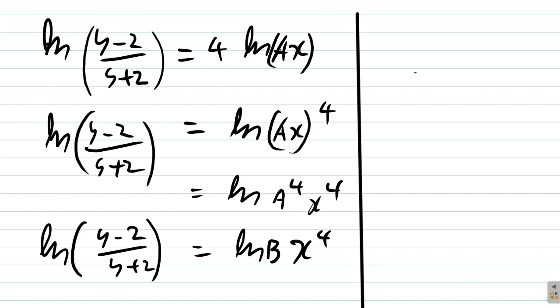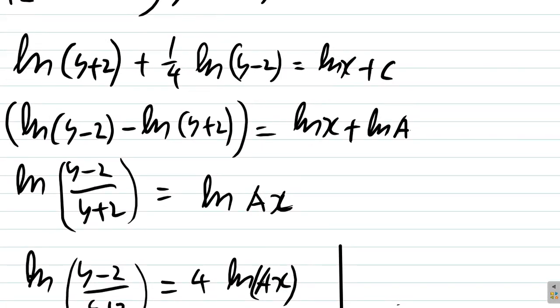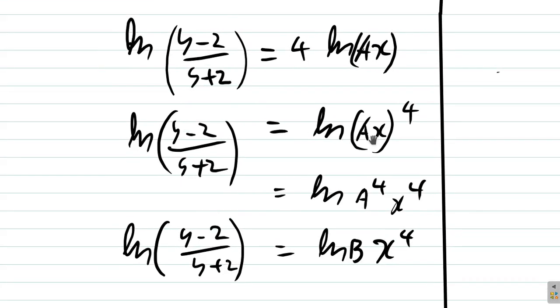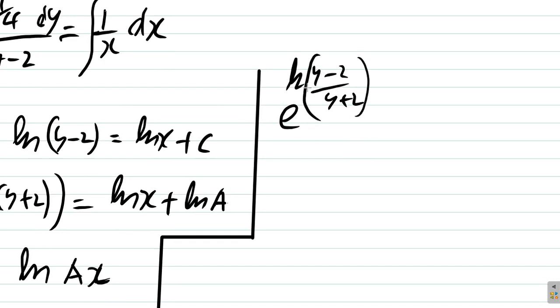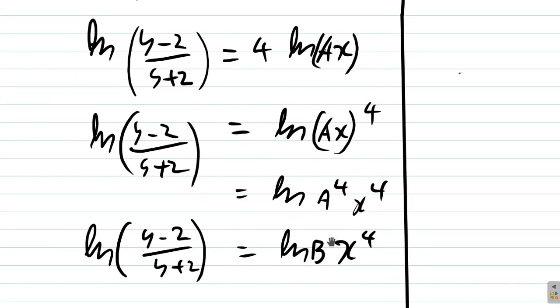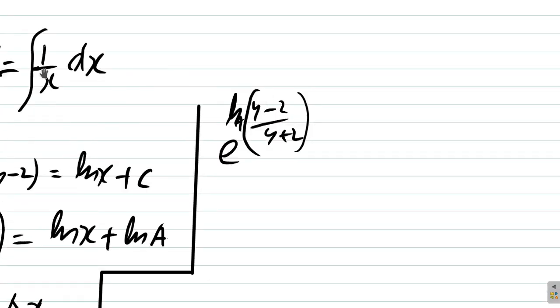I'm going to be working on the left hand side, so let me put a line here to separate the work. So e to the power of ln of (y - 2) over (y + 2) equals e to the power of ln of b x to the 4.